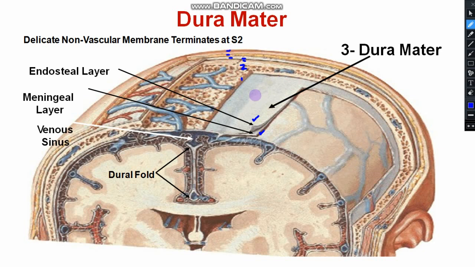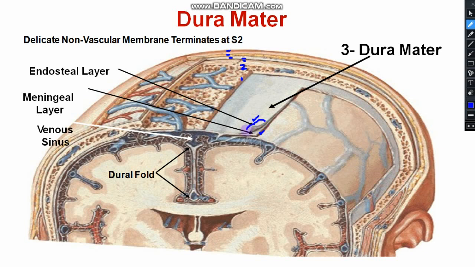This outer layer serves as the internal periosteum or endosteum or endocranium of the skull, whereas this inner layer is known as the meningeal layer, which surrounds the brain. The meningeal layer is continuous with the spinal dura mater.